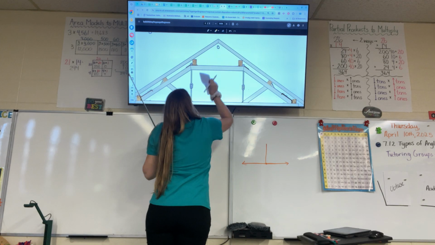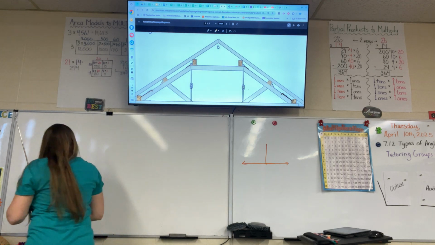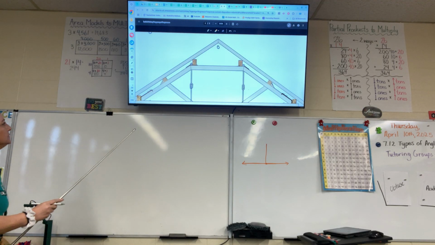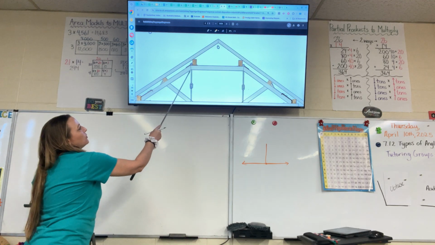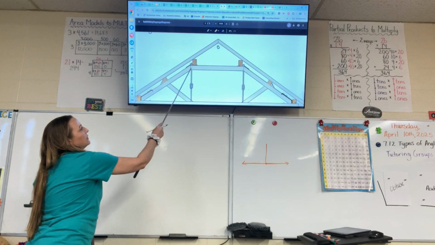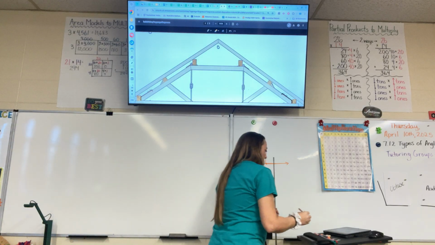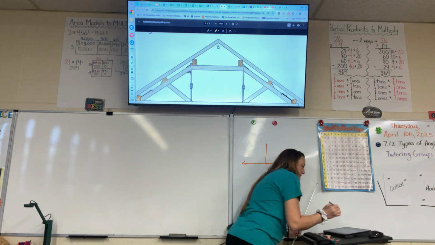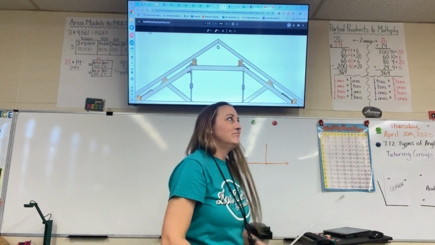So that would be obtuse. Okay. Next, Harbor. What about this angle right here? Acute. It almost kind of forms an A for you right there, right? Acute. Okay.